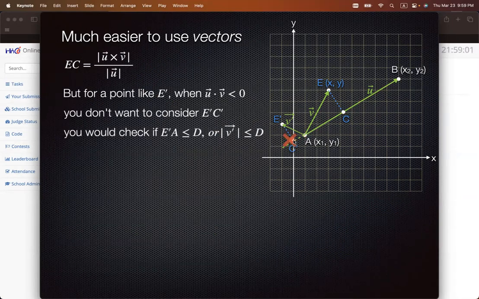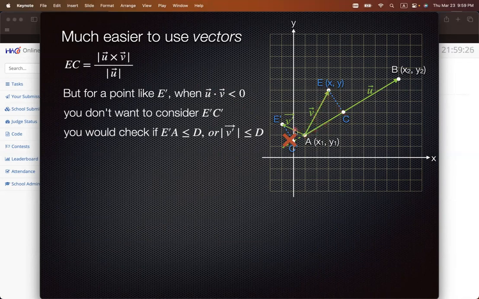So what you really want to consider is EA here, and you want to check if this vector is less than D. And when does it happen? This happens when the dot product of the two vectors is negative. So think about why, right? Dot product gives you the projection of one vector on the other.